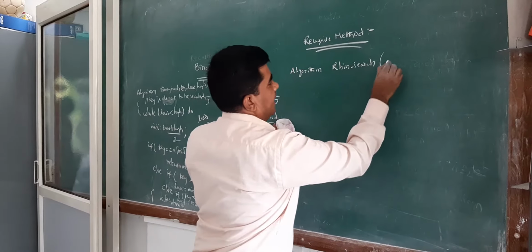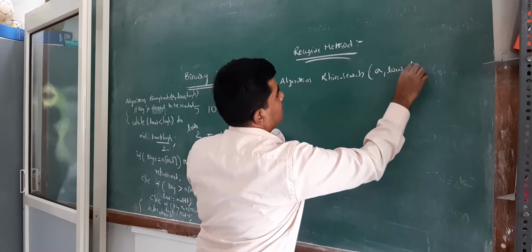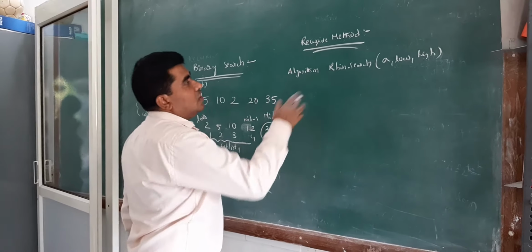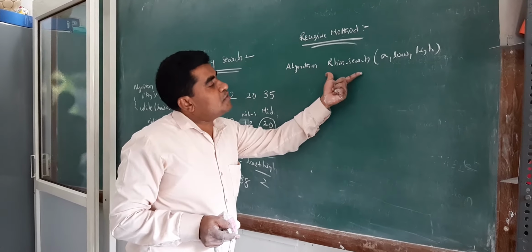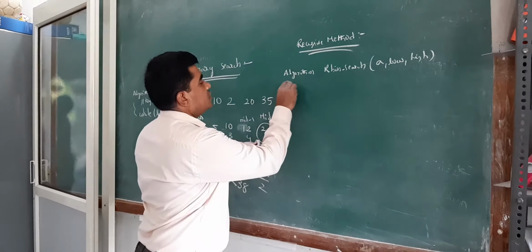Here array A is there, low and high value is there. In the recursive method, whatever the name of the procedure is there, again and again we are calling recursively.